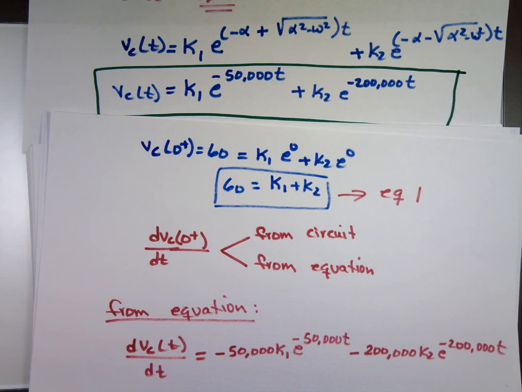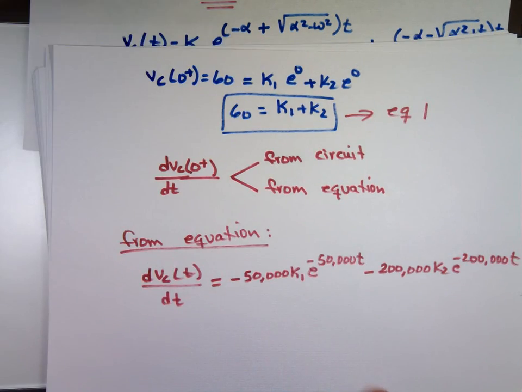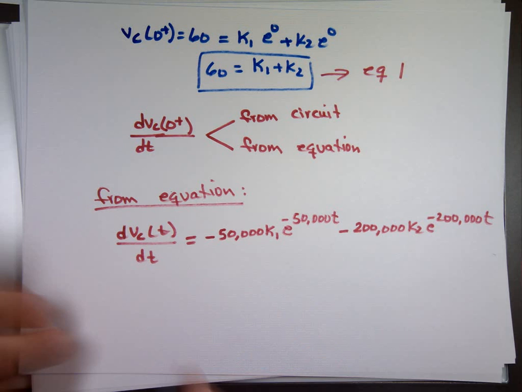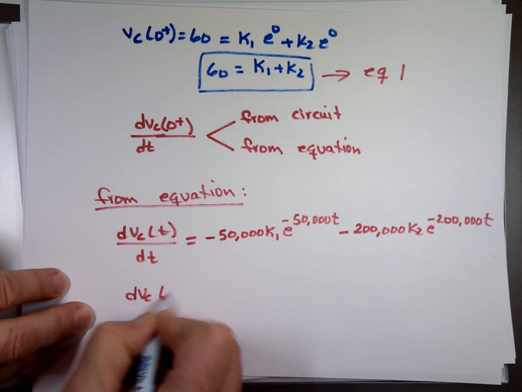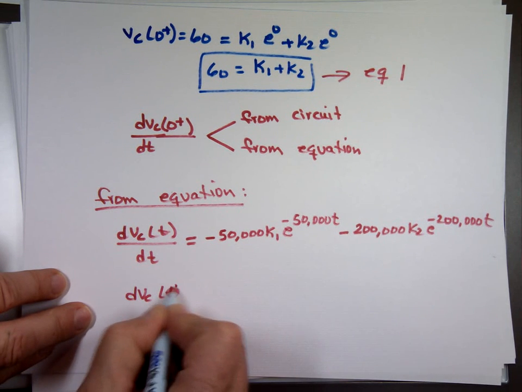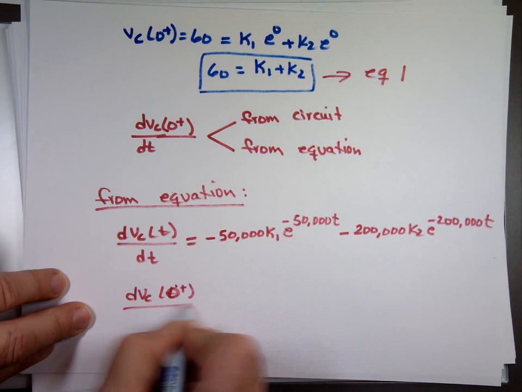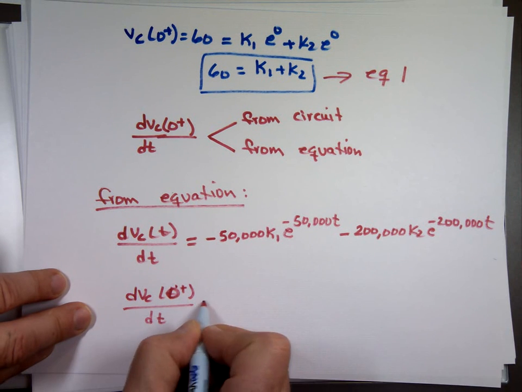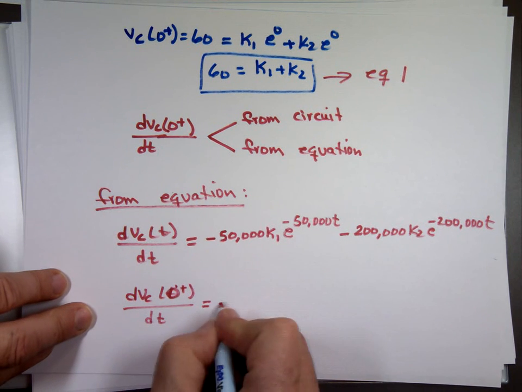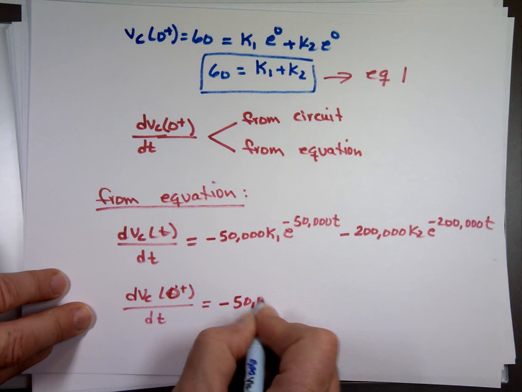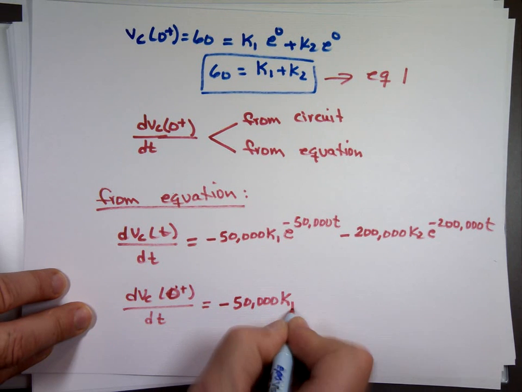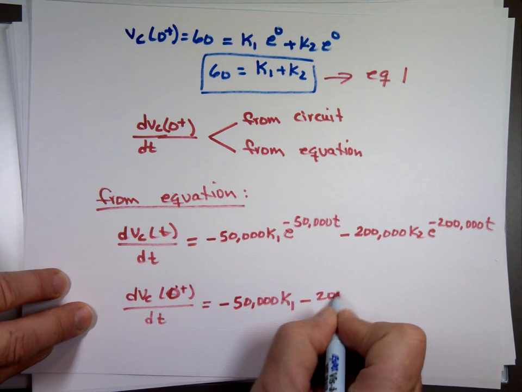What's the derivative at 0? Let t be 0. That's what? Negative 50,000 K1 minus what? 200,000 K2.